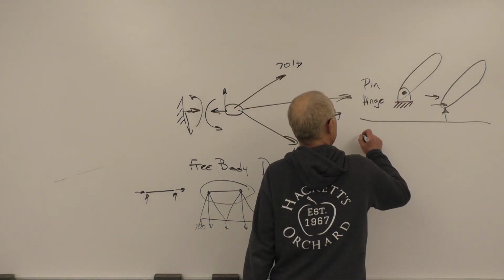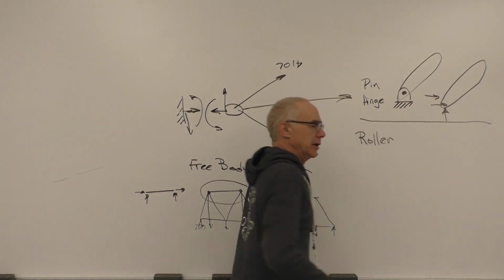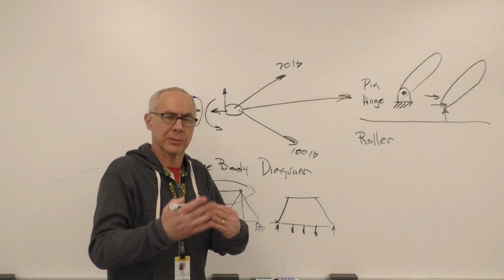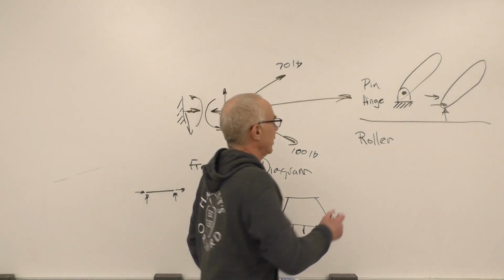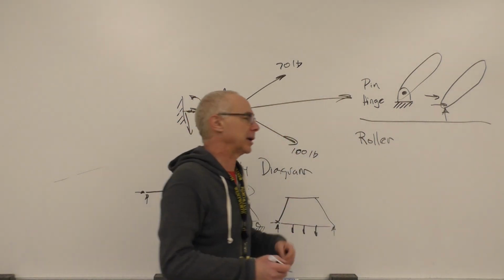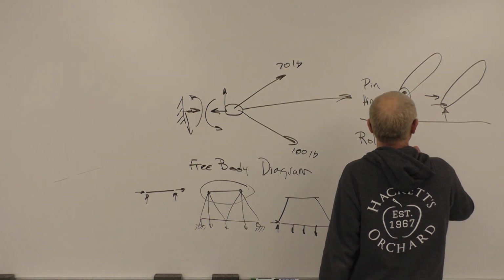Now let's talk about a roller. There are 2 support types that have essentially the same support reactions, so I'll lump them together. Well, actually, let's start with just a roller by itself, and then we'll talk about the other one. A roller is typically represented in 2 ways.